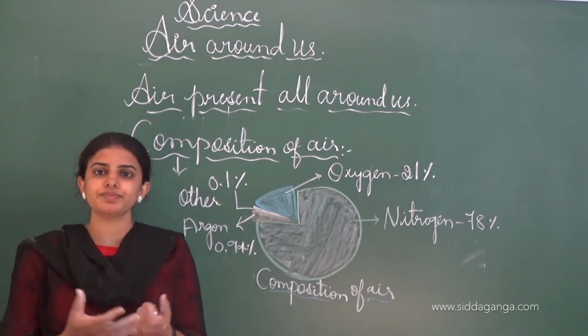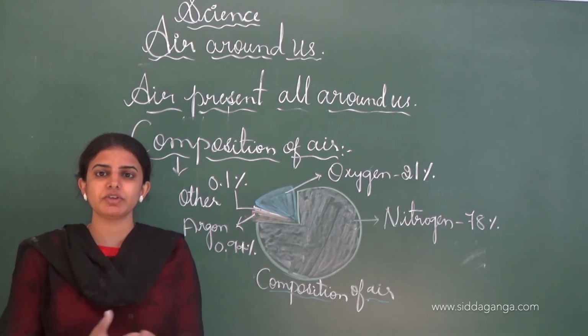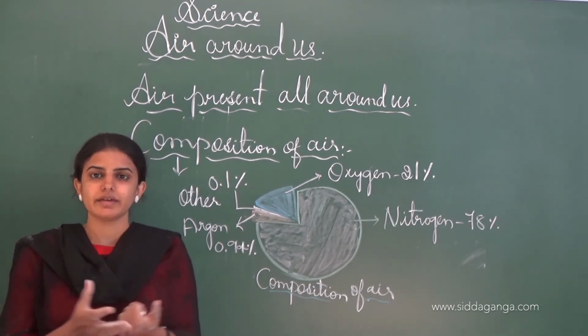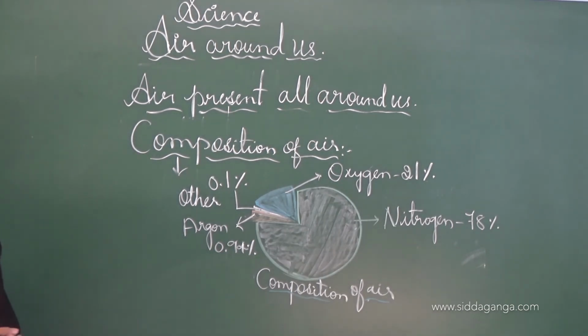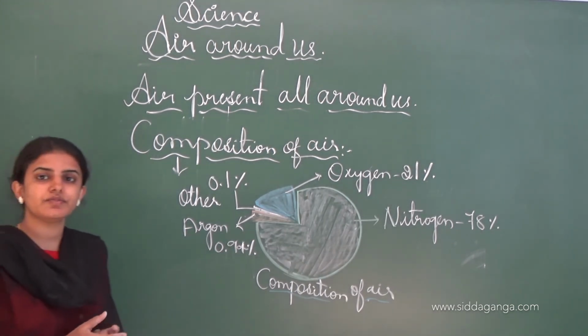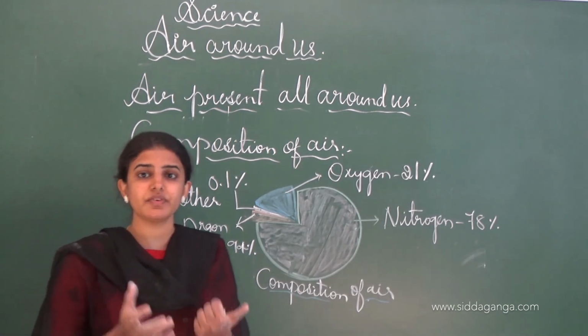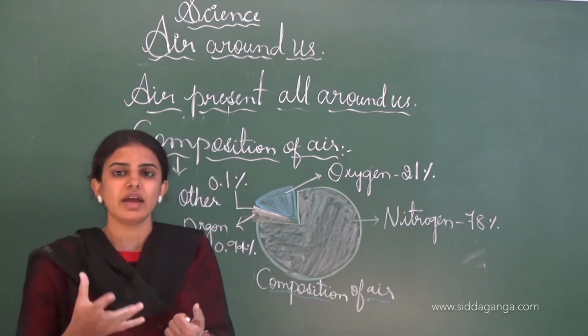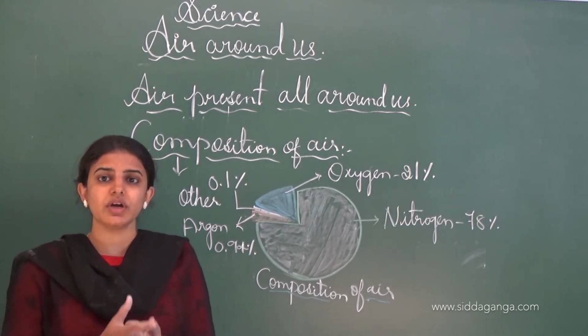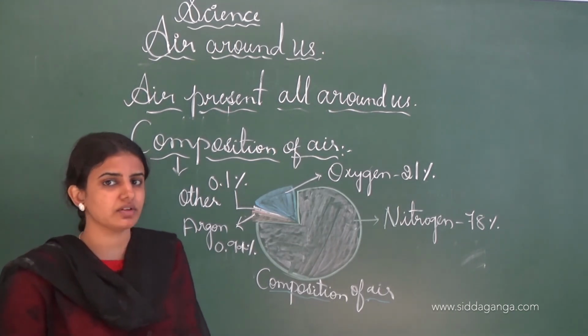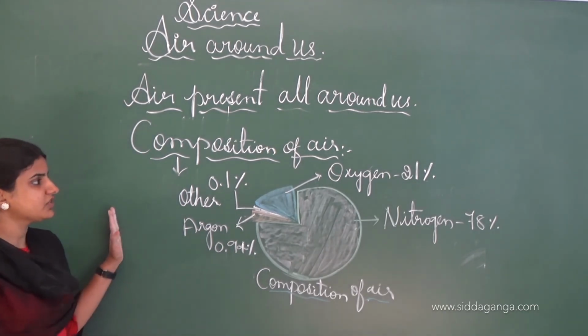Air is one of the agents of transfer of pollen grains. Air is also helpful for birds and different types of insects to fly, and these are the different ways wind is used and is very beneficial for us. And next is the composition of the air.